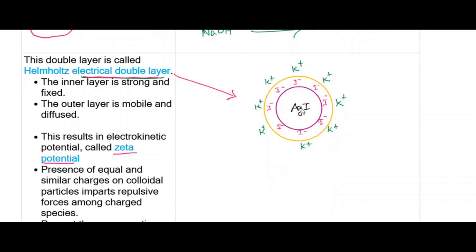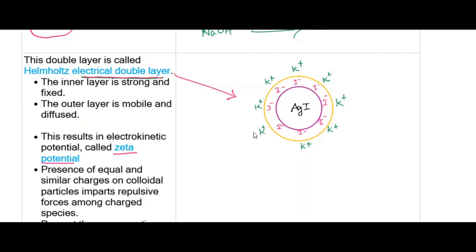Now let me explain this double layer, known as the Helmholtz electrical double layer. We have AgI over which iodide ions are adsorbed, and thereby it forms a negative first layer. Immediately it forms a positively charged, that is oppositely charged, second layer. This fixed layer is strong, whereas the second is a mobile layer.